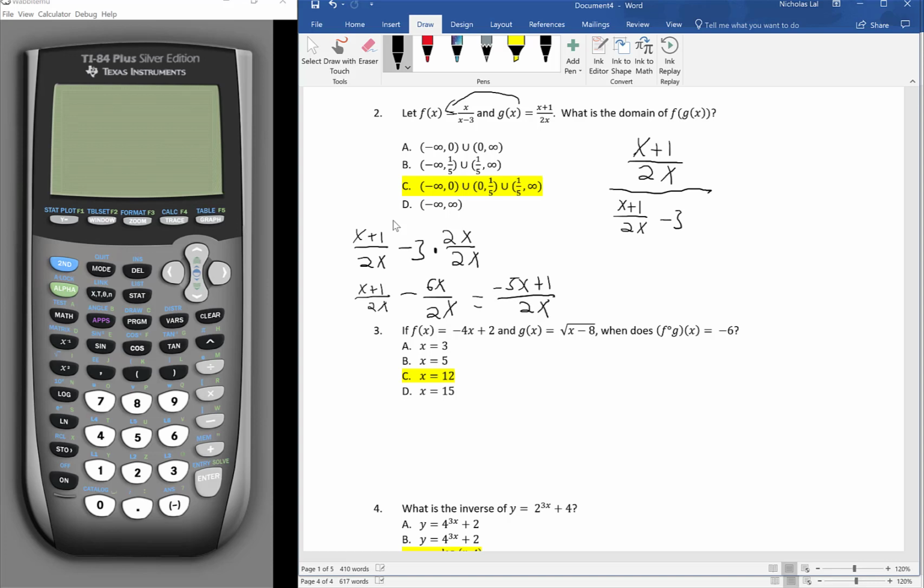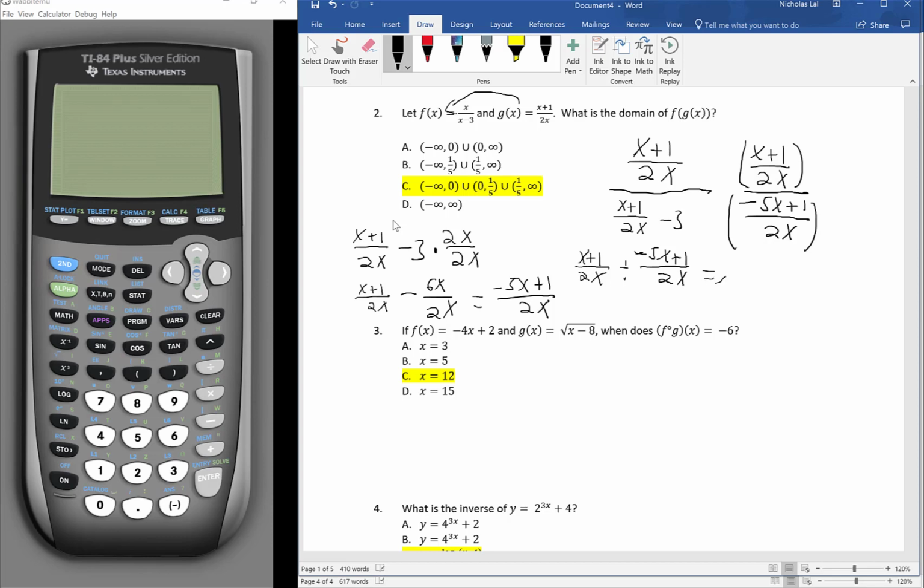So simplifying this, we get x plus 1 over 2x divided by negative 5x plus 1 over 2x. So we're dividing two fractions here. When you divide fractions, you flip the second one.